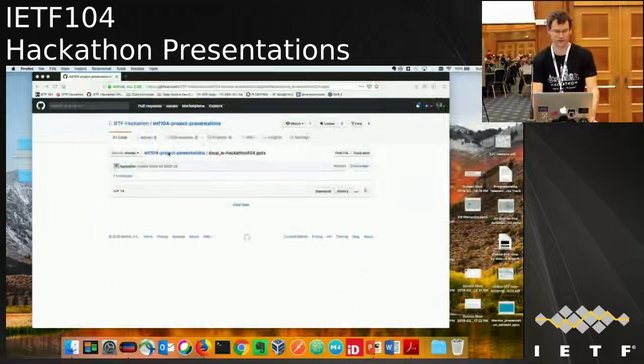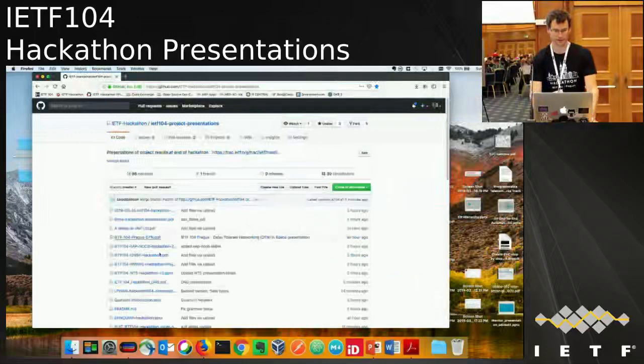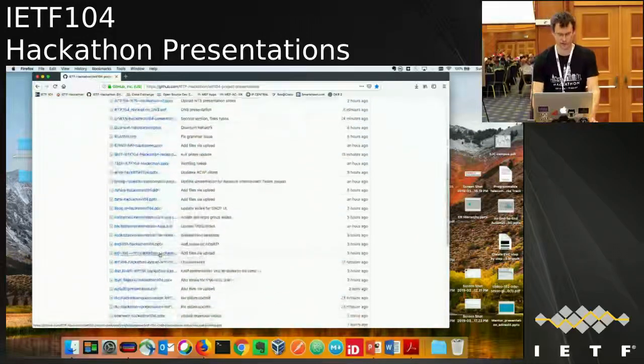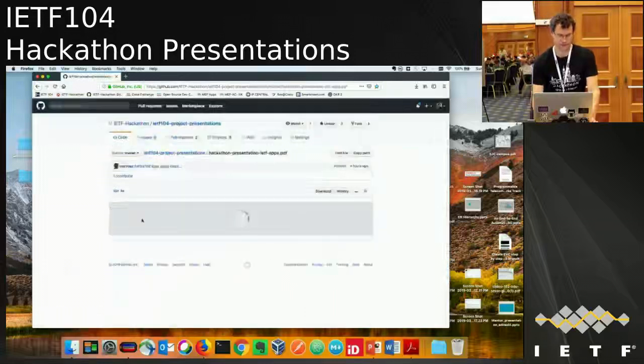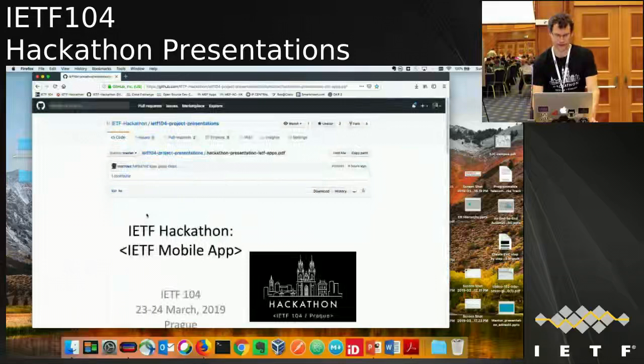I think that was from one of our remote presenters. So let me find the next one. How about this one? IETF mobile app. Anyone here from the IETF mobile app team to present?